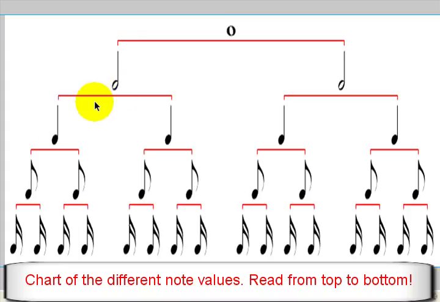So this is half the duration of this. This eighth note is half the duration of this quarter note, and this 16th note is half the duration of this eighth note. So these 8 eighth notes make up 16 of these, 16 16th notes.